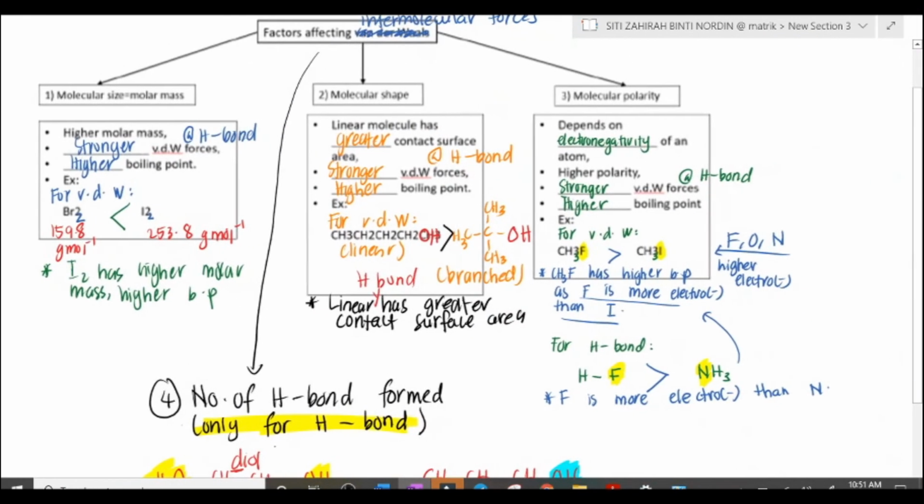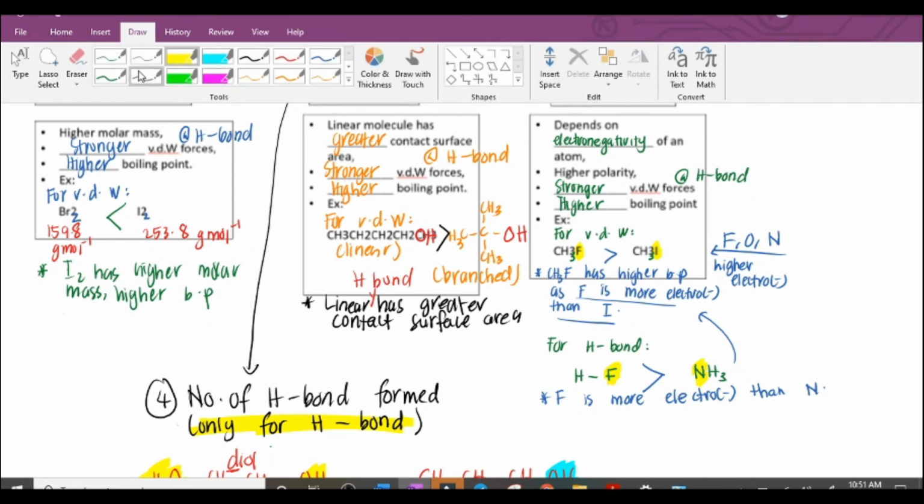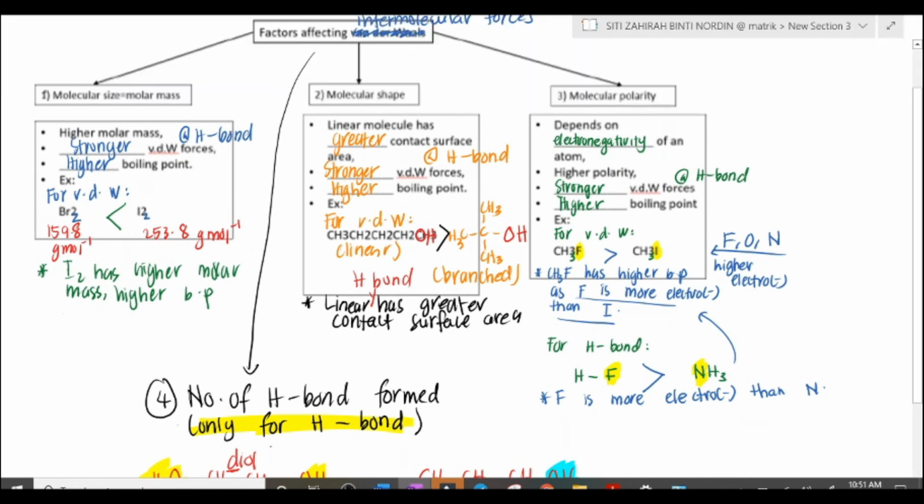For the whole summary, class, the first factor that you have to consider is the molecular size or molar mass. If the two molecules have the same molar mass, then you look at the second factor, which is the shape.